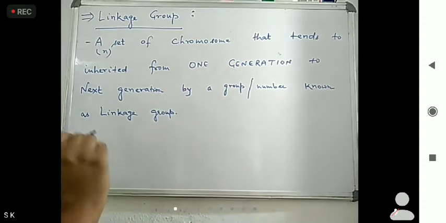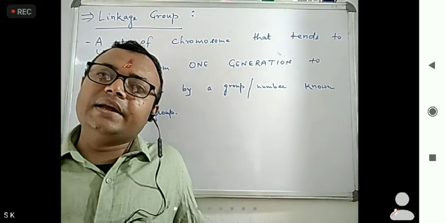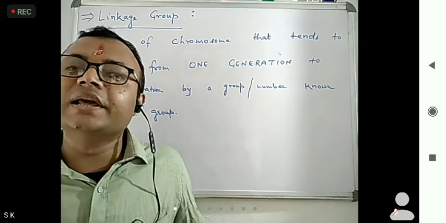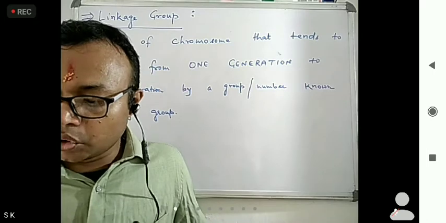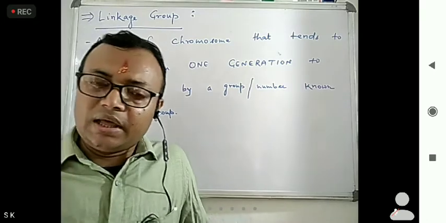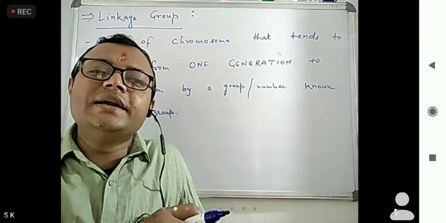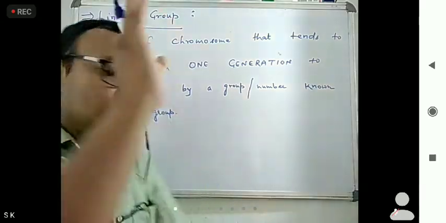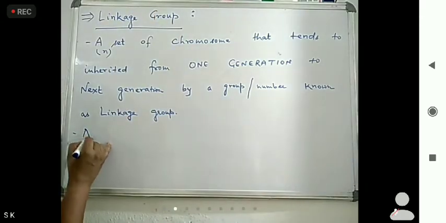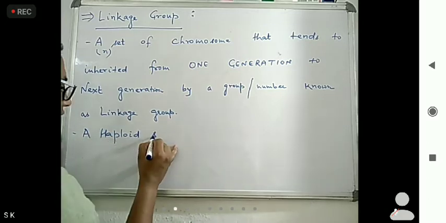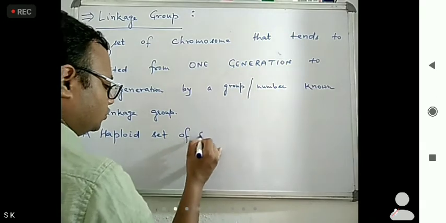Now, questions are asking about the number of linkage groups in an individual species. A haploid set of chromosomes containing number is known as linkage group.